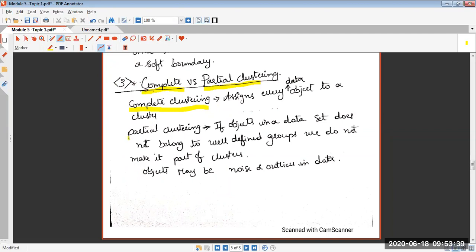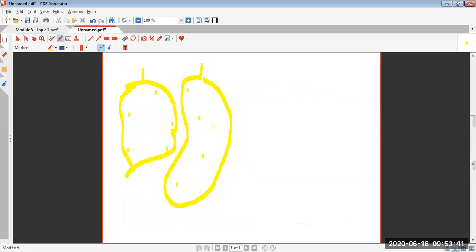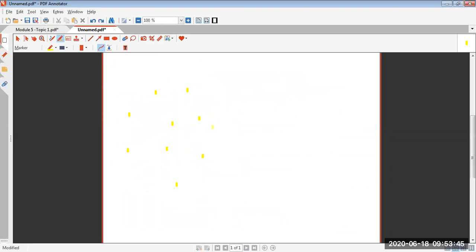Now, what is partial clustering? Partial clustering means the same scenario, but there is a difference. For example, consider I have a data point here, two data points here. Same situation. I made this cluster A. No objection.